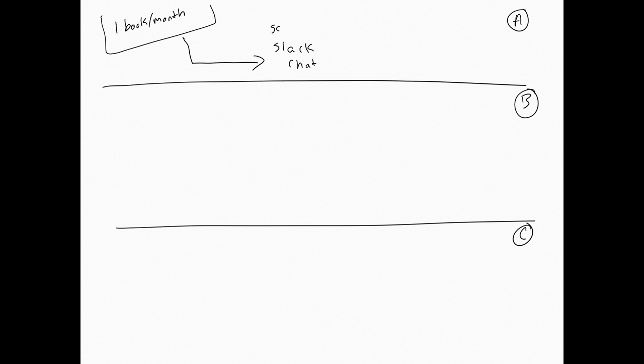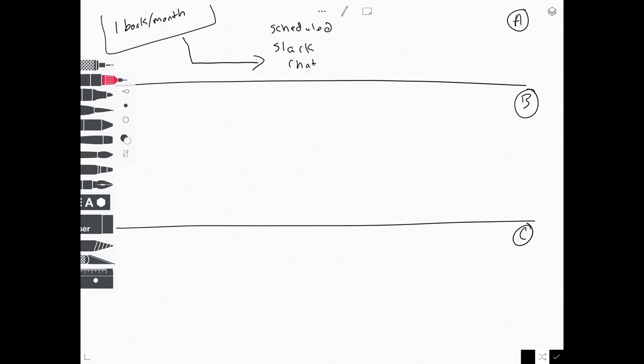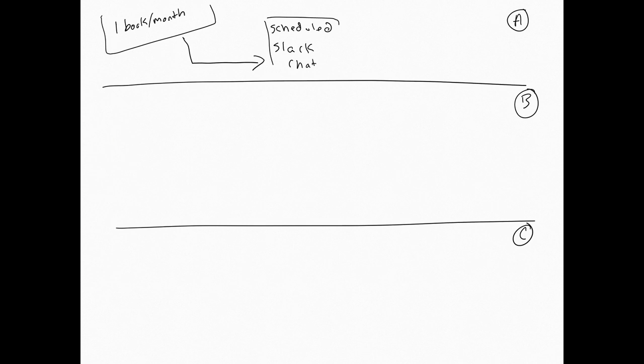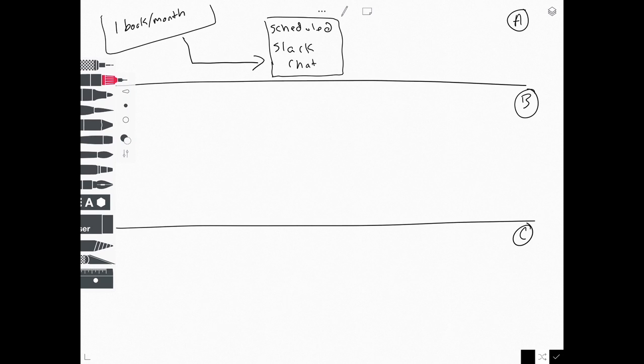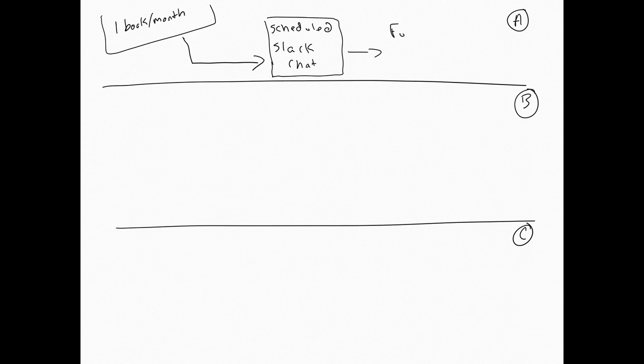So this is an asynchronous book club. This is a little bit less intense type of a book club, right? And then from that we have fun conversation. And then over text I send the next book.